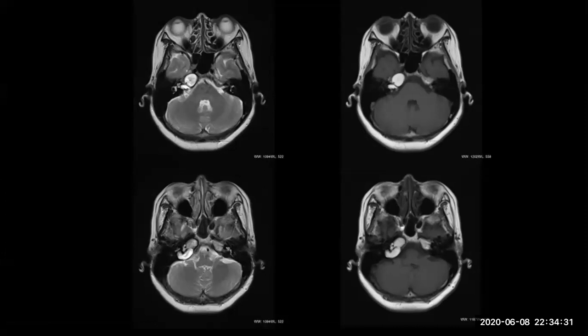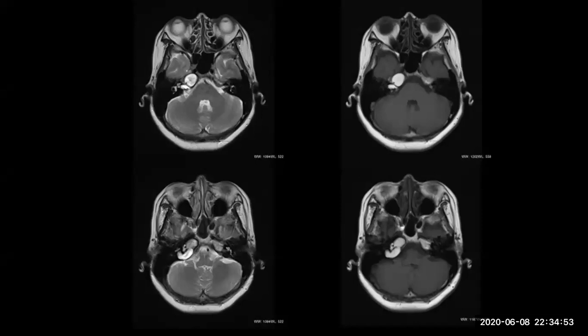Any other differential? Epidermoid cyst. Dermoid, not epidermoid; epidermoid would not be high signal. Ruptured dermoid cyst. Sir, the epidermoid is the same as congenital cholesteatoma. Okay.